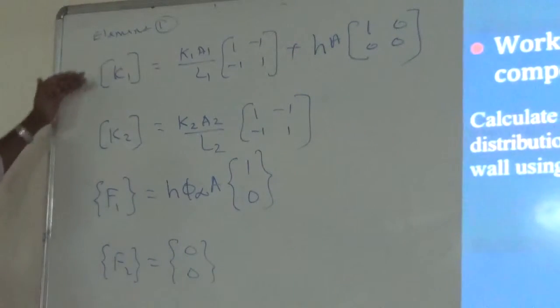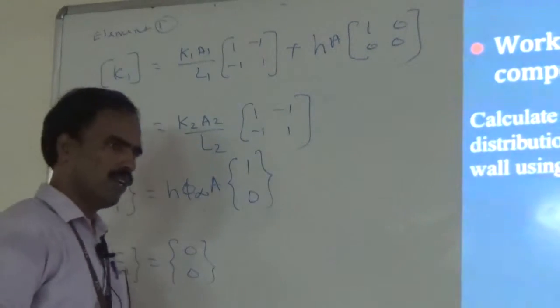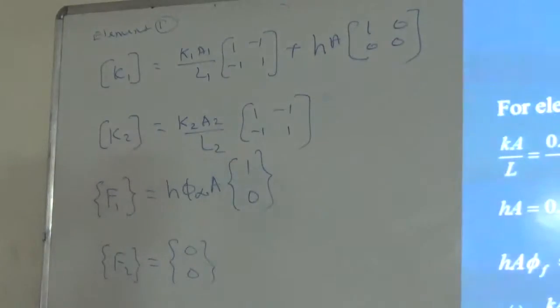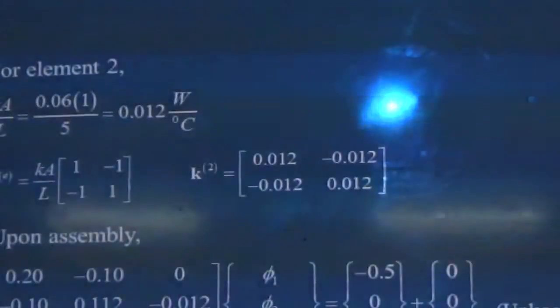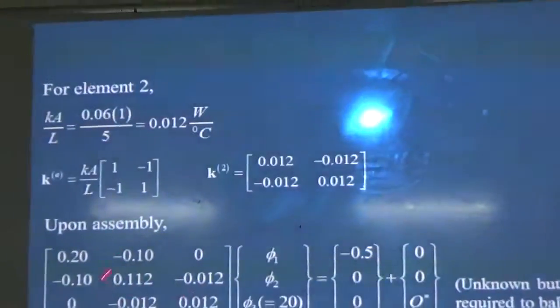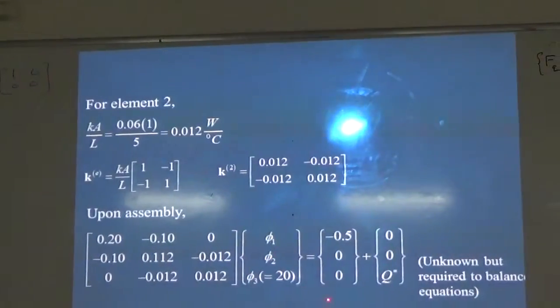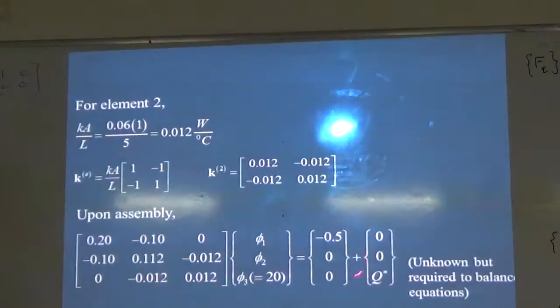Okay, calculate K1, K2, F1, F2 and assemble it as usual. Once you assemble it, it will be a 3 by 3 matrix. The K matrix multiplied with the nodal temperatures phi 1, phi 2, phi 3 equals the load vector.